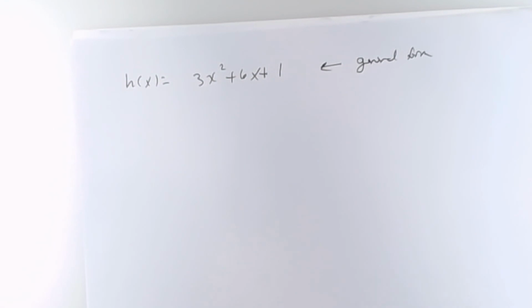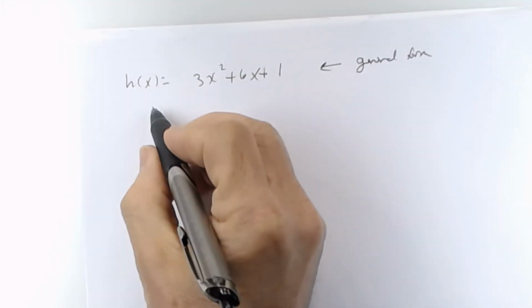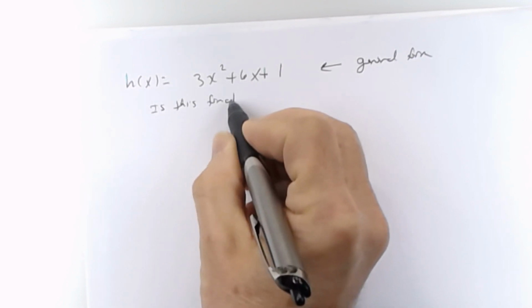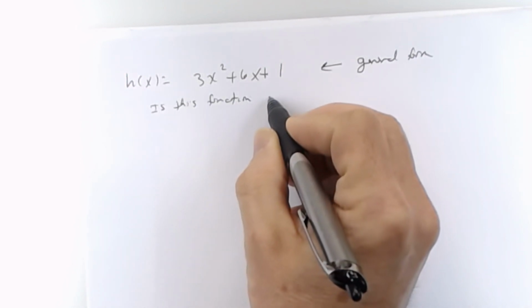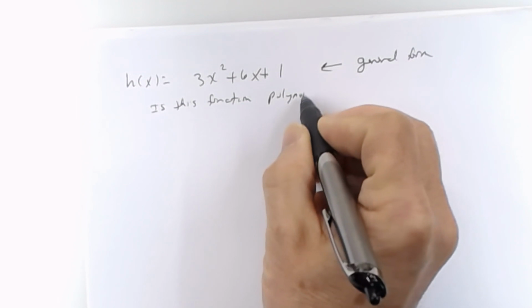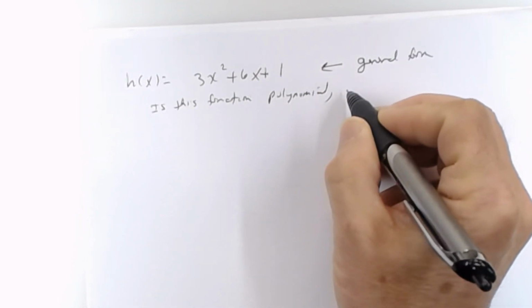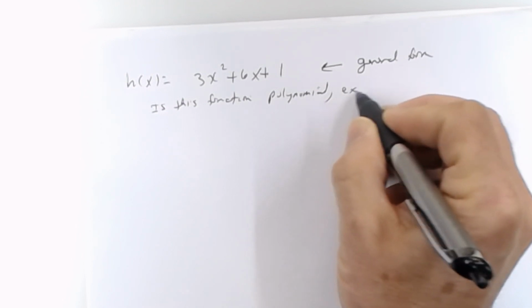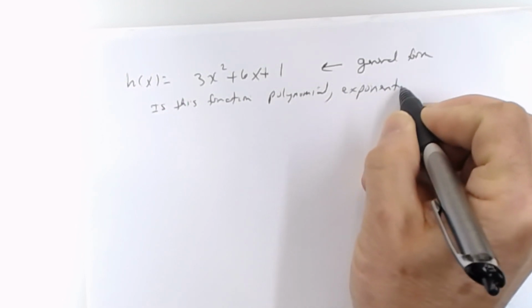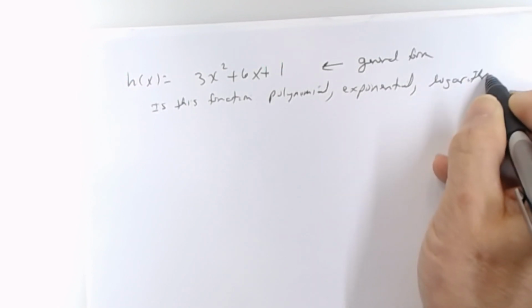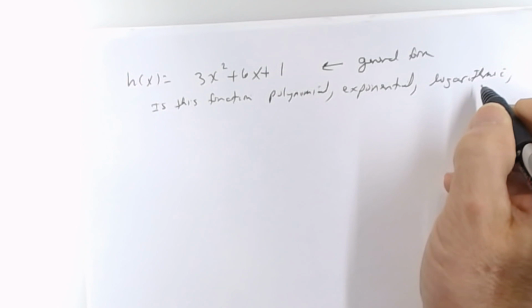What kind of function is this? Quadratic. Now, remember, on the worksheet, it's going to ask you, is this function polynomial, exponential, logarithmic, or rational?